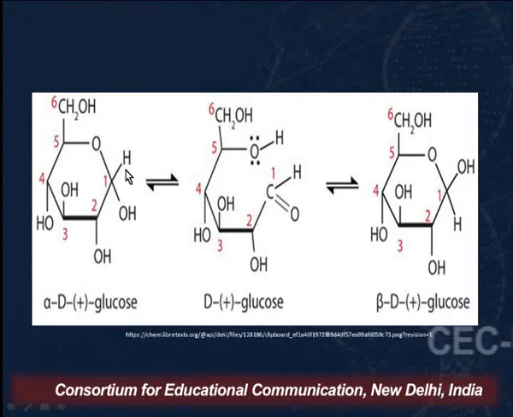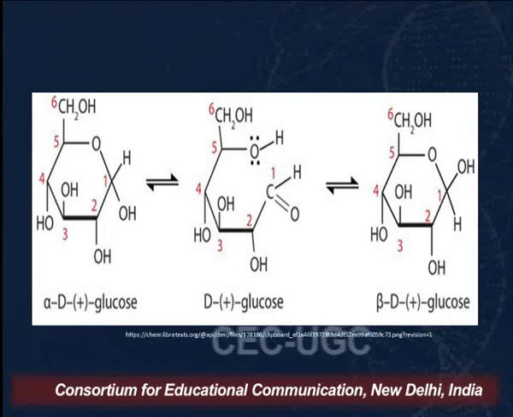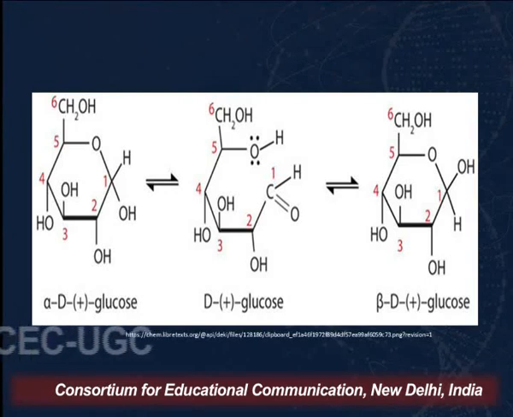We can compare this 6-membered ring to the ring of cyclohexane. And we know that cyclohexane rings are more stable, even more stable than a cyclopentane ring or a cycloheptane ring.